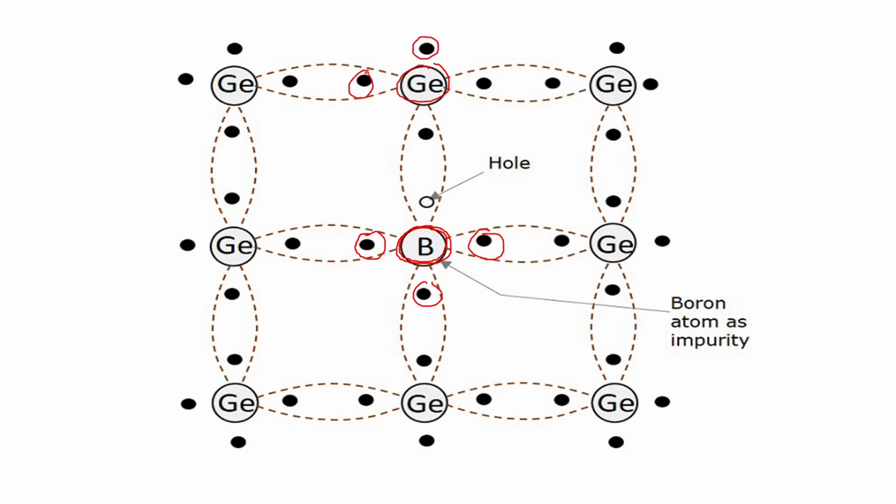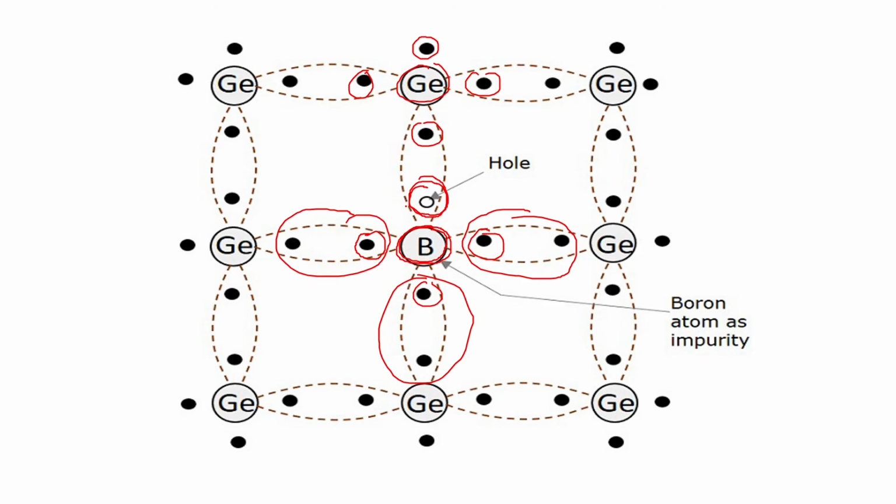Out of these 4, 3 will make covalent bonds. As you can see, this is a bond, this is a bond, this is a bond. But the 4th electron of germanium will not have an electron from boron to make a covalent bond. So here there is an absent place of electron, and that is considered as a hole.